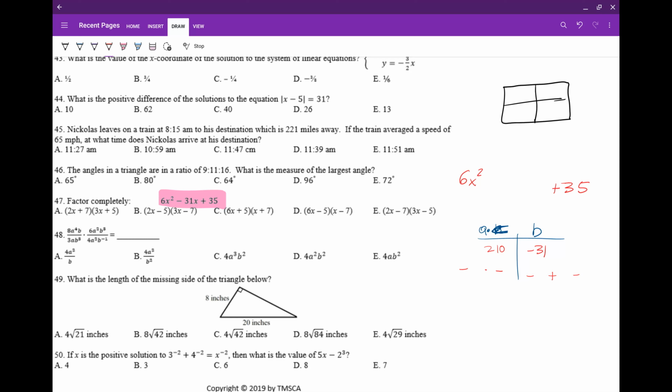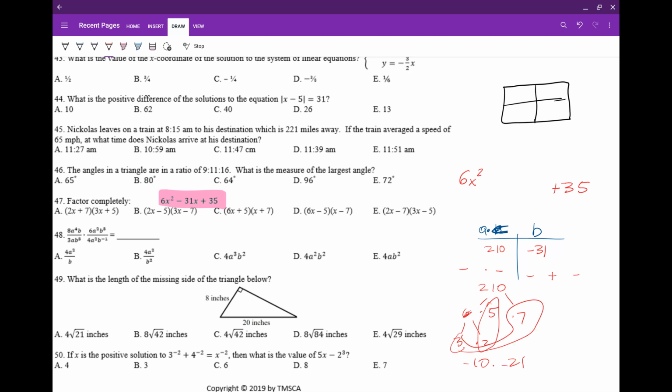So what could those be? Well, I just showed you that 6 times 5 times 7 is equal to 210, right? 6 is 3 times 2. So 3 times 2 times 5 times 7 is equal to 210. So if I play around with it, 5 times 2 is 10. 3 times 7 is 21.